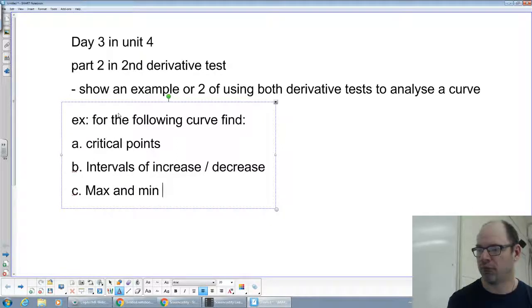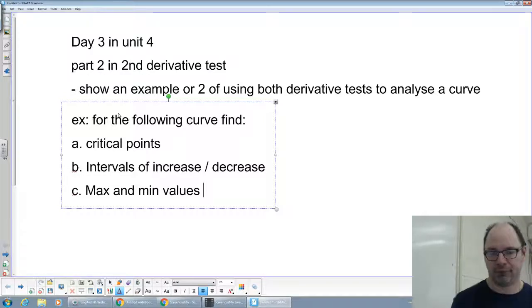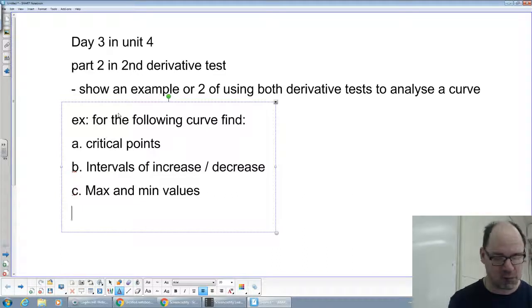Some calculus books will call these local extrema rather than max and mins. Don't get confused when you go on to post-secondary and they talk about local extrema. They're talking about max and min values of a graph. By local, they mean they're bumps, because as we know, most of these graphs go to infinity.